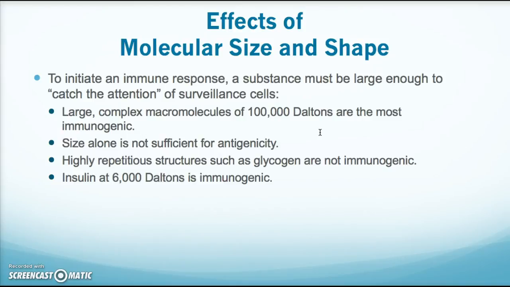However, it's not just size that matters. If you have a very large molecule, but it is all similar structures, just repetitive subunits, generally it will not be immunogenic. They would need something that has some kind of complexity to the molecule.